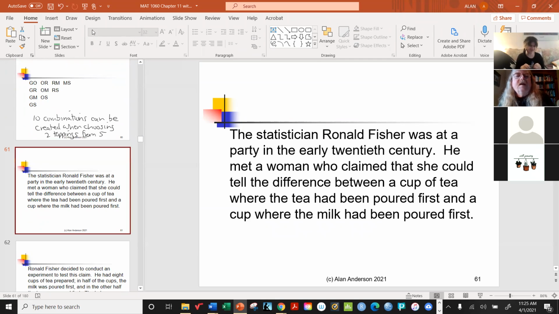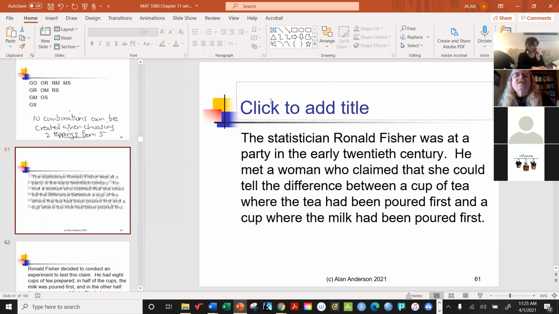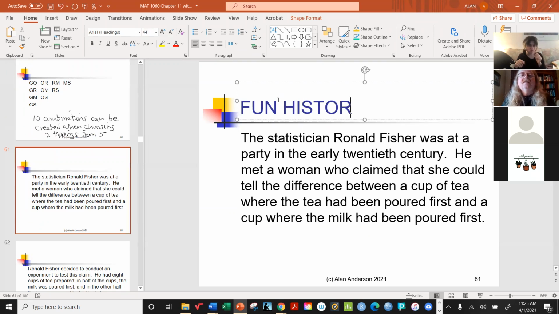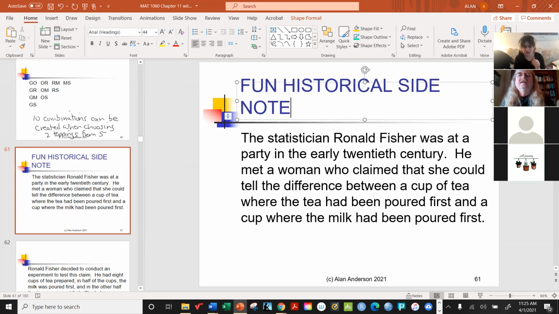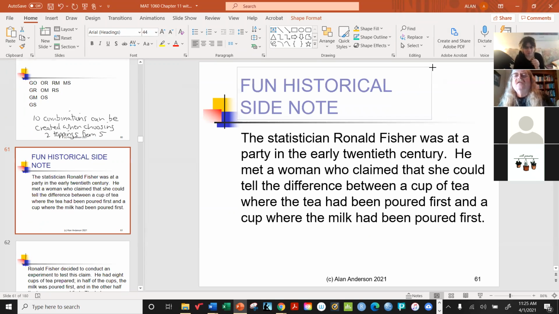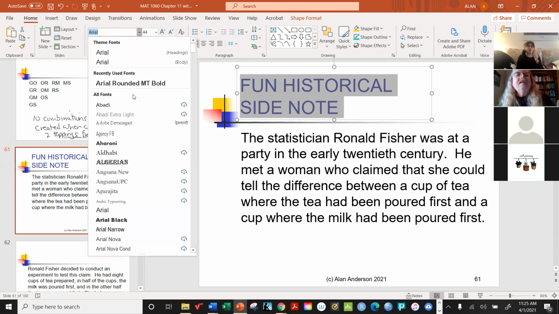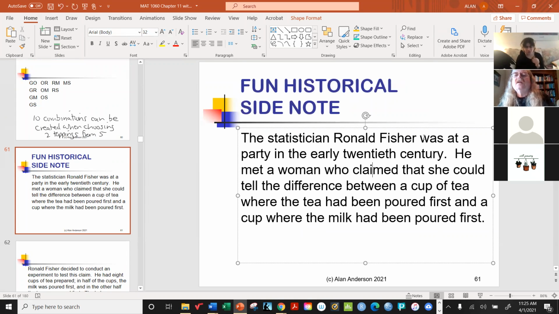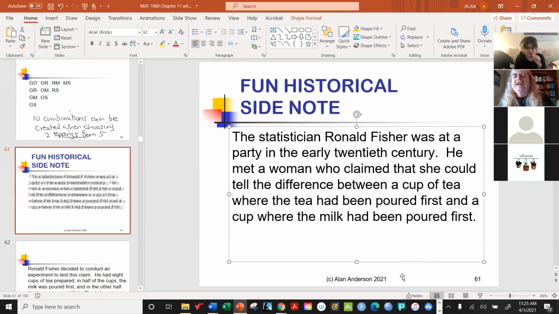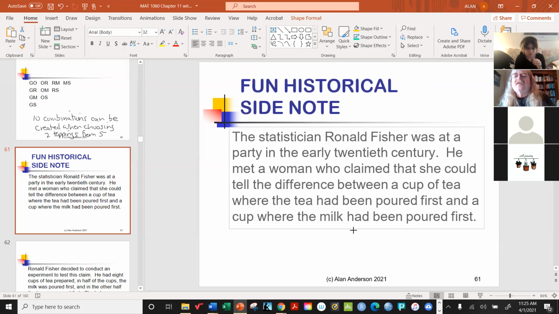Anyway, a fun historical side note. People don't realize that the history of math and statistics is far more interesting than we generally realize.